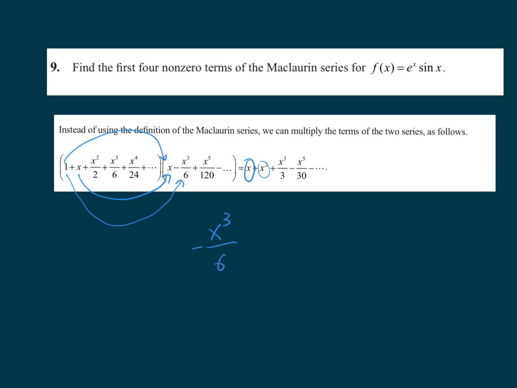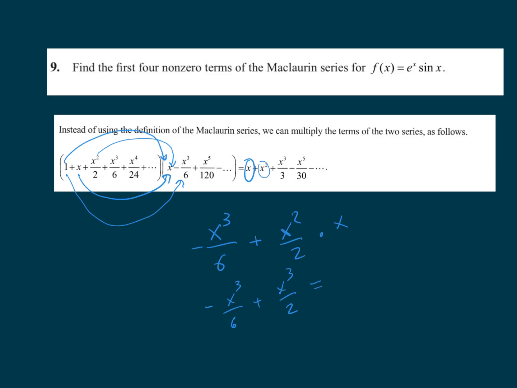Let me see. Another term, x squared by x. So it will be plus x squared divided by 2 multiplied by x. So the x cubed term will be minus x cubed divided by 6 plus x cubed divided by 2.